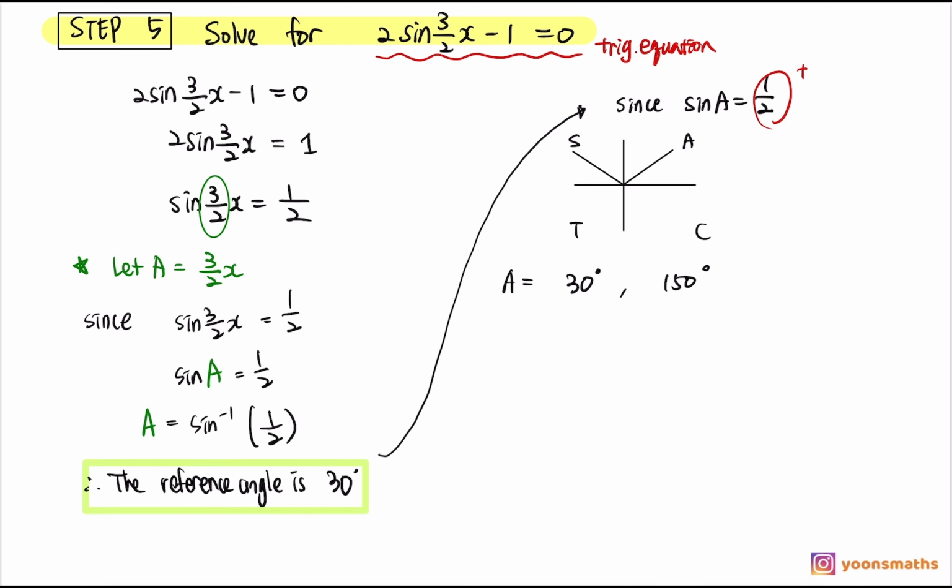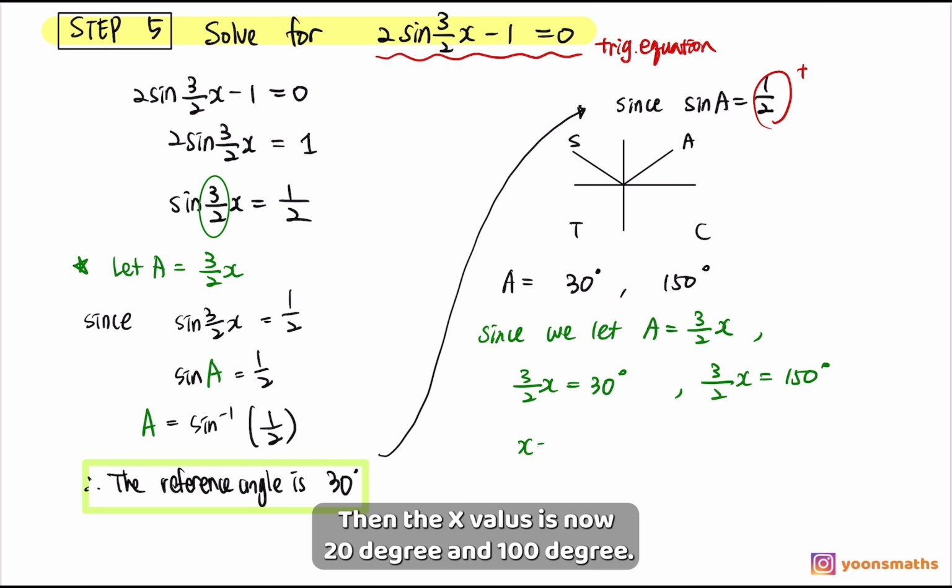Don't forget that we used the substitution method. Since we let a equal 3 over 2 x, we can write the equations as 3 over 2 x equals 30 degrees and 3 over 2 x equals 150 degrees. Then the x values are going to be 20 degrees and 100 degrees.